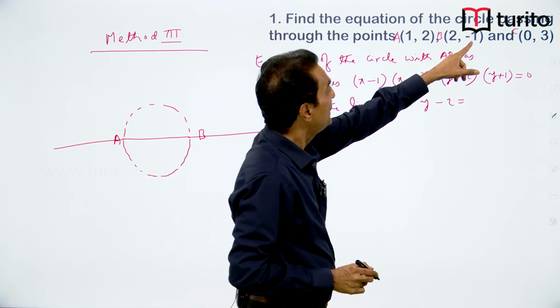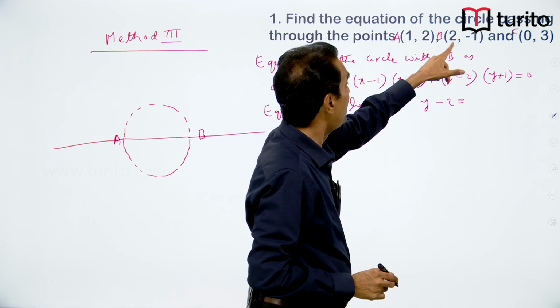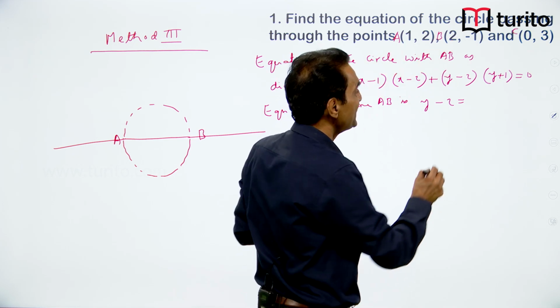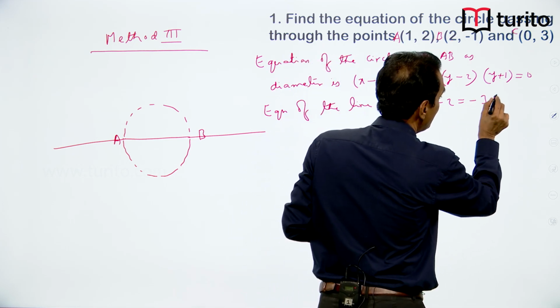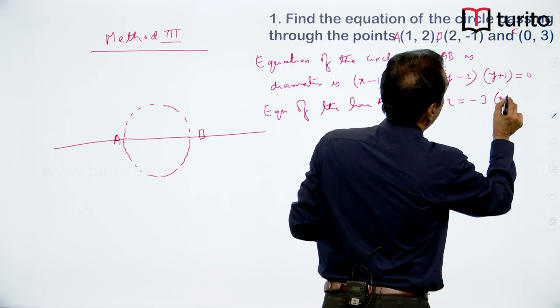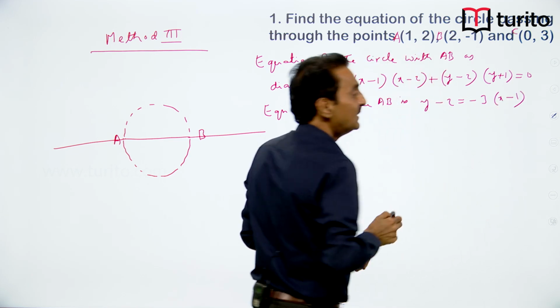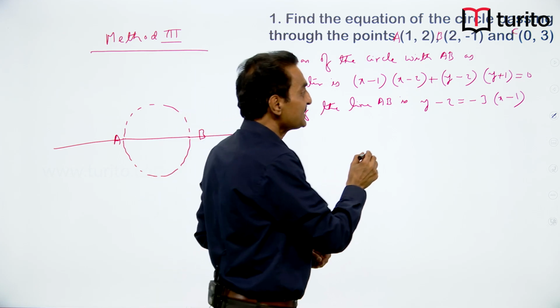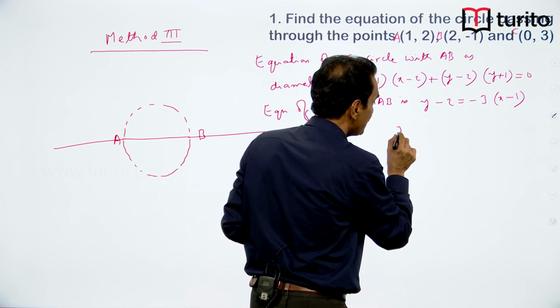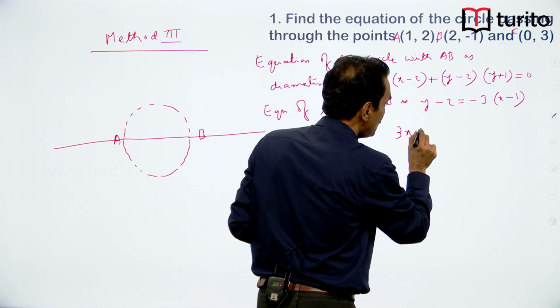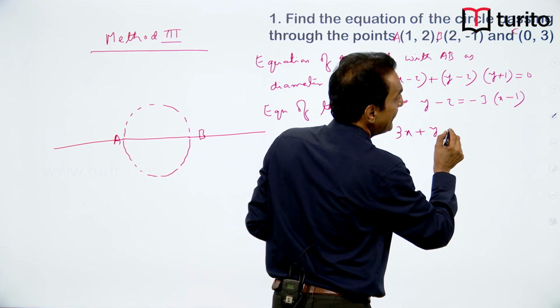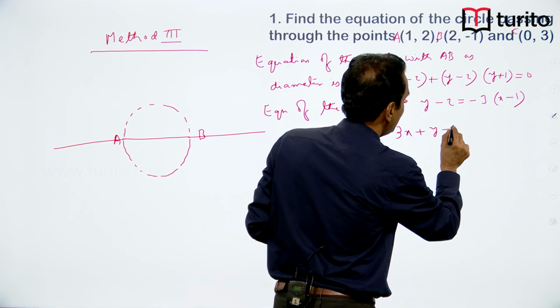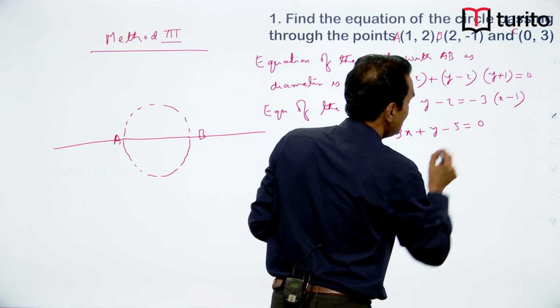What is the slope? y2 minus y1, minus 3, by 1 minus 3, into x minus 1. You will get 3x plus y minus 5 is equal to 0.